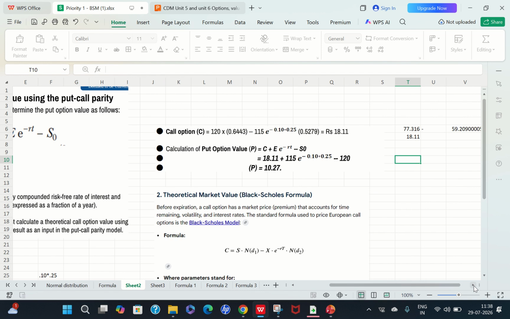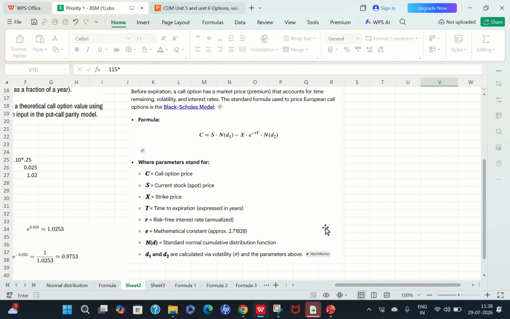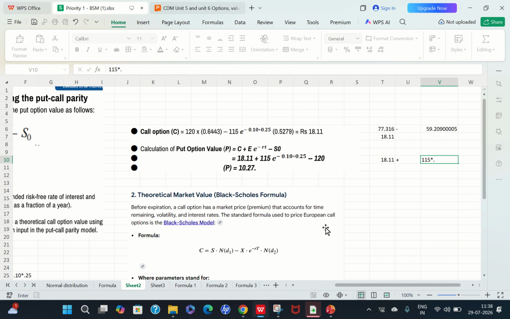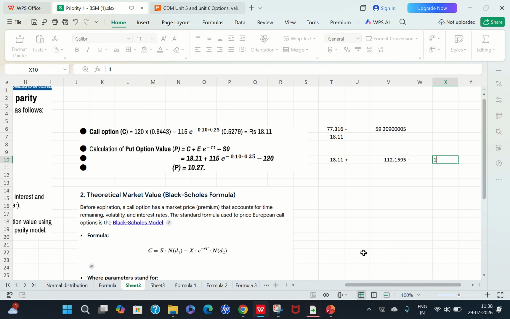The call option value, which we have already found, plus 115 into 0.9753, minus 120.